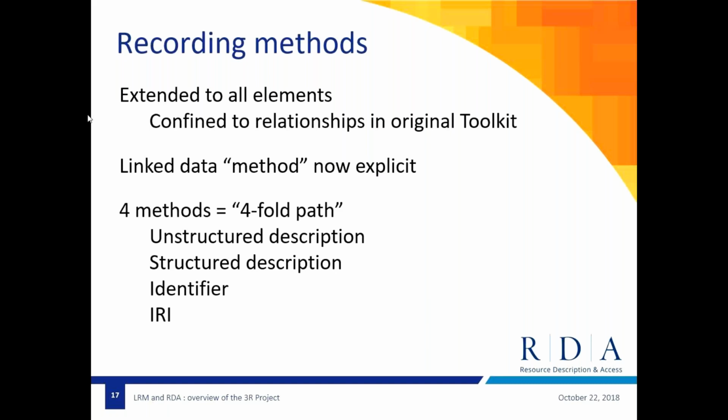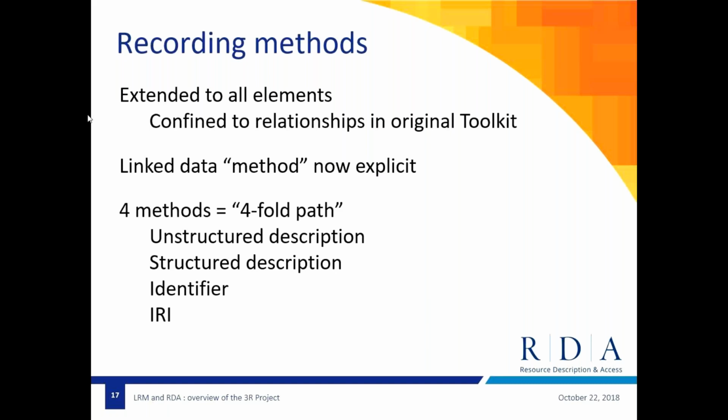Curiously, the original toolkit simply doesn't mention linked data at all, anywhere. The only reference to URI occurs in an example. And, you know, in the second decade of the 21st century, this is an enormous oversight.